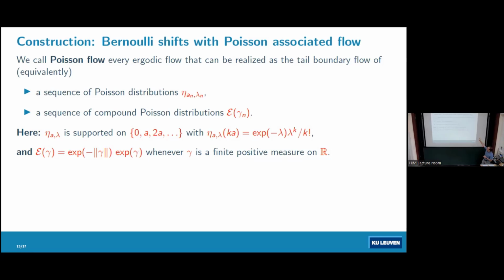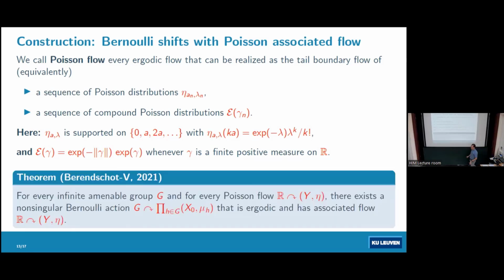And what we look at is tail boundary flows, so Poisson boundaries for these random walks on the real line, where each transition probability is such a compound Poisson distribution. And of course, the regular one is a special case of this one, where gamma_n is just the Dirac measure in a_n.